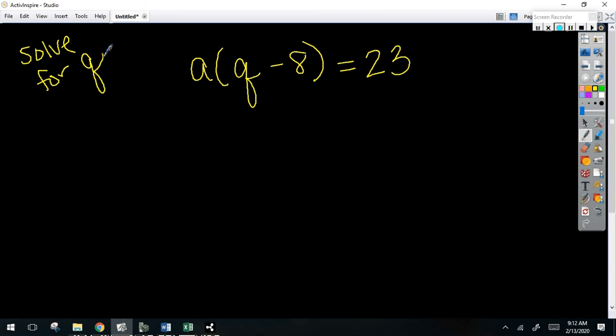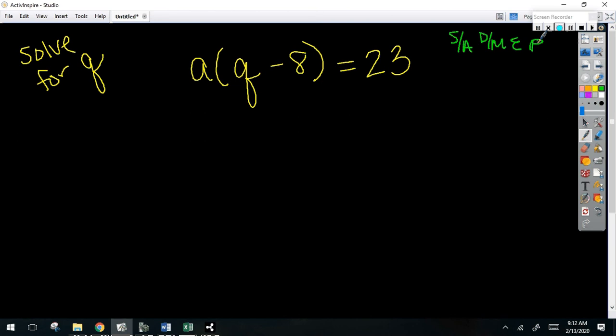If I divide by Q minus 8, I'm moving the Q. The Q is not what I want to move. What is it that I want to move? Everything else, right? I want the Q alone. So what could I do? Think about SAD map here. What comes last in SAD map?